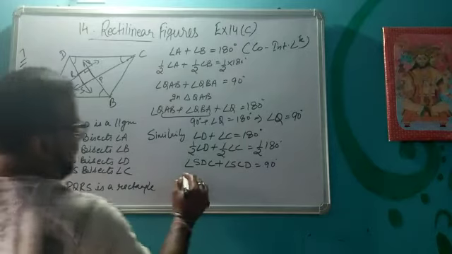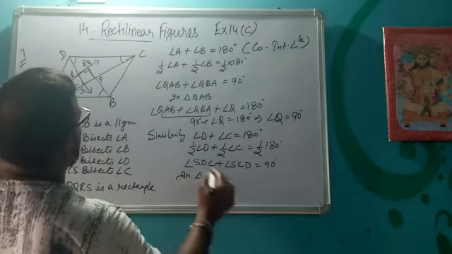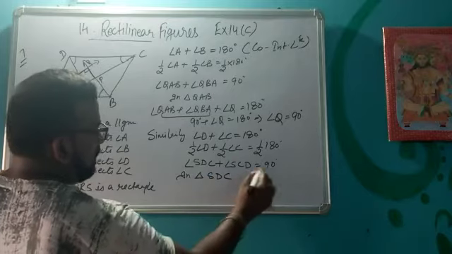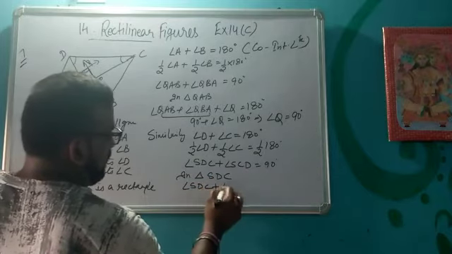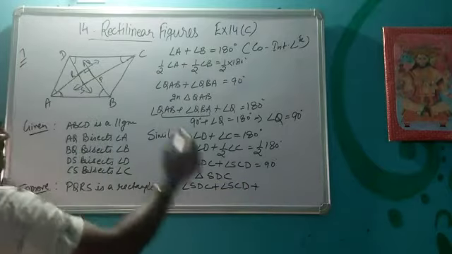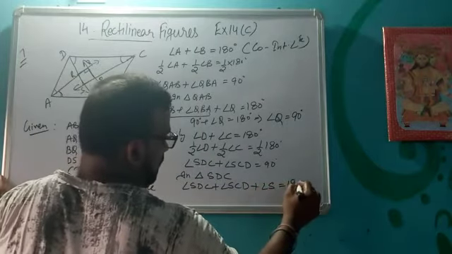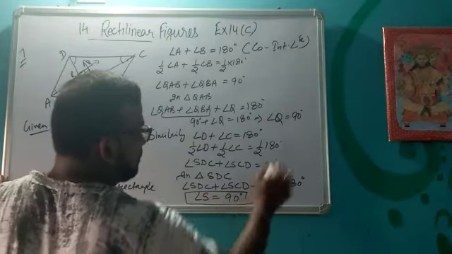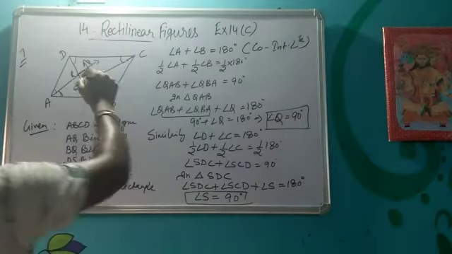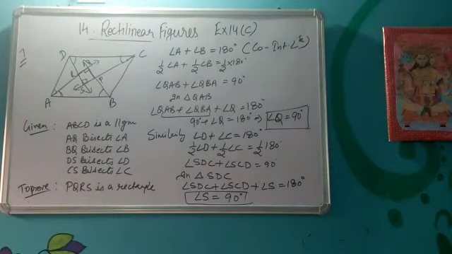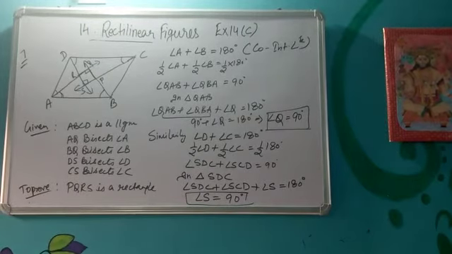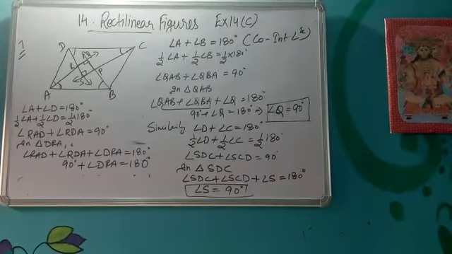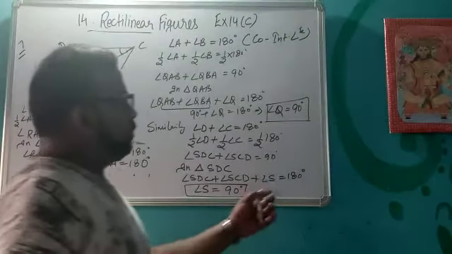Now in triangle SDC, angle SDC plus angle SCD plus angle S equal to 180 degree. So from here I will get angle S equal to 90 degree. So this is also 90 degree. So we have proved two angles as 90 degree.